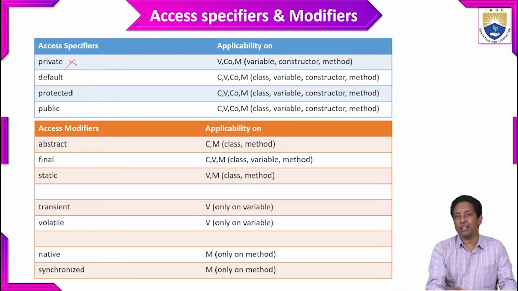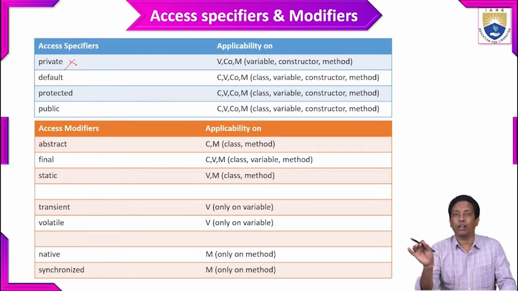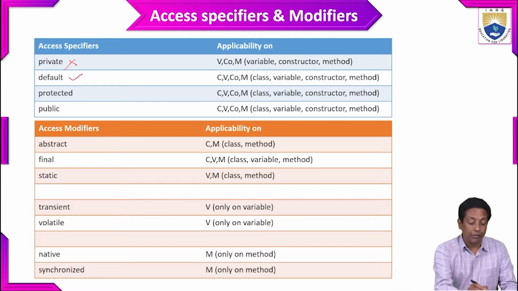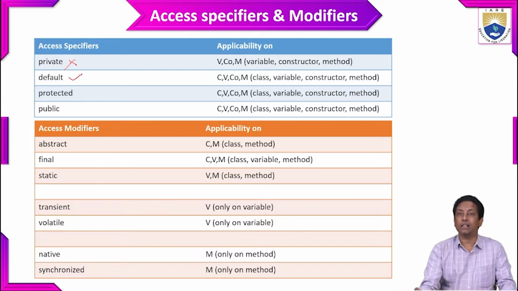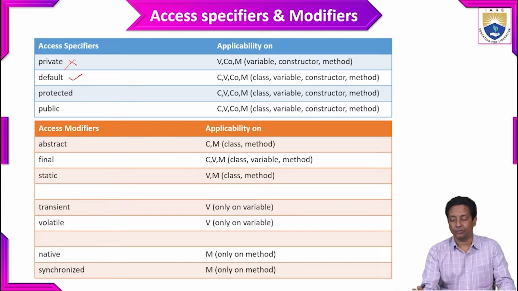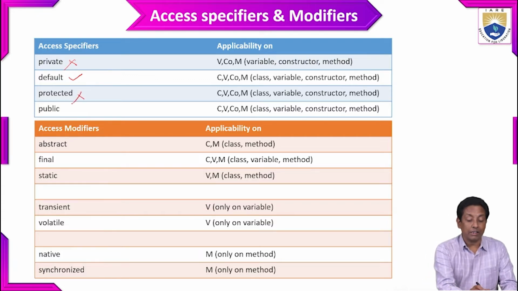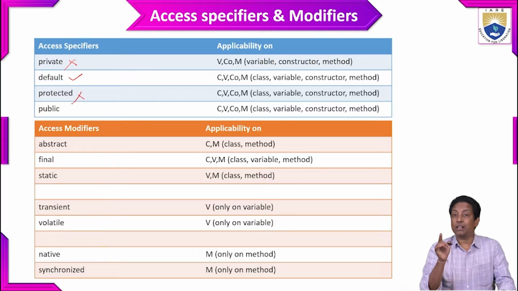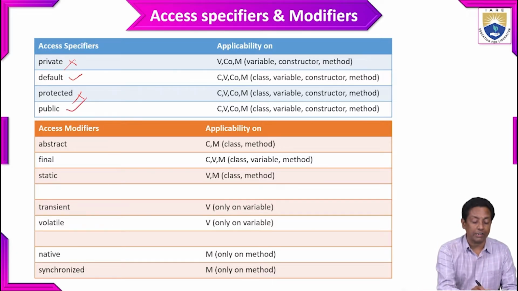Second, if you don't declare a class as public, like simply writing class hello, without any prefix like public, then by default it has the default access specifier. Third, a class cannot be declared as protected, because class members can be declared as protected, but a class should not be. Finally, a class can be declared as public.